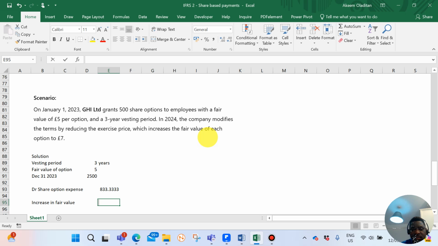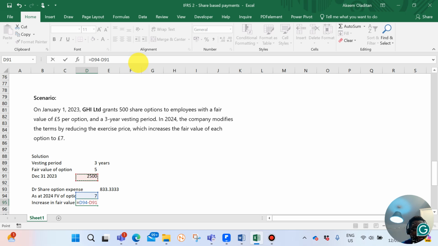Increase in fair value is, let me say the new fair value. Let me just write at 2024, fair value of option has increased to £7 as against £5. So the increase will now be 7 minus 5.